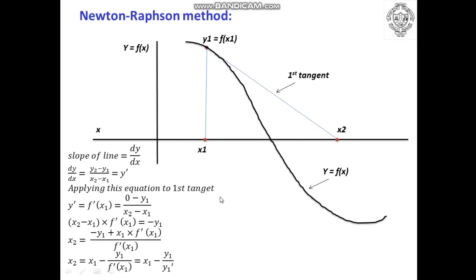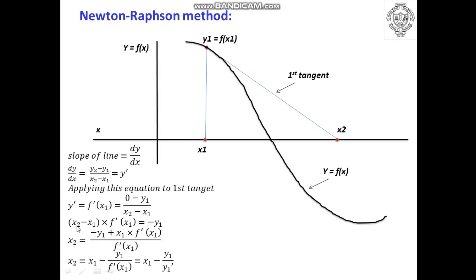Now I'll do a cross multiplication for this equation. So I can write (x2 minus x1) into f dash of x1 is equal to minus y1. By doing cross multiplication, I get this transformed form of the equation.